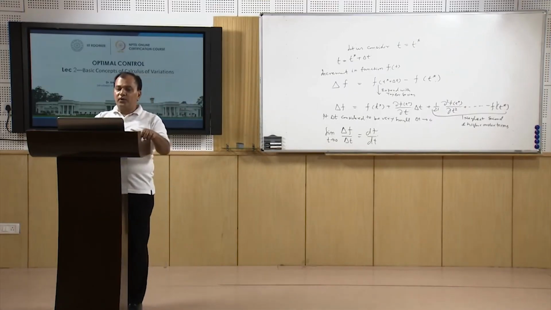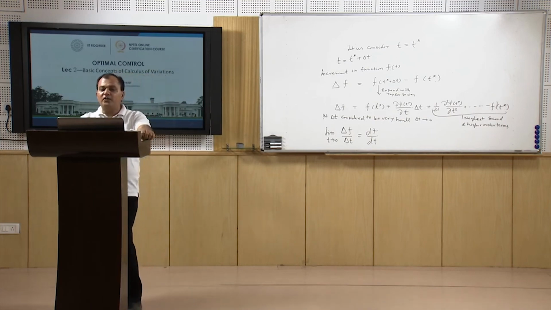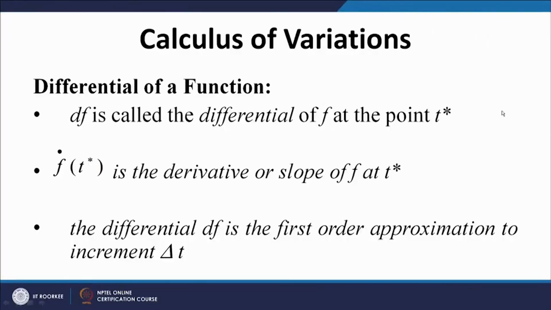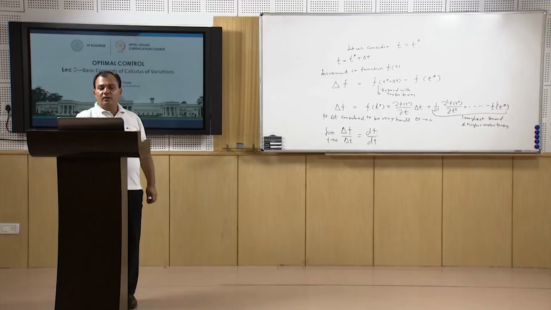So, we call df the differential of f at point t star. F dot t star is called the derivative or the slope at t star point, and the differential df is nothing but the first order approximation of the increment delta f.